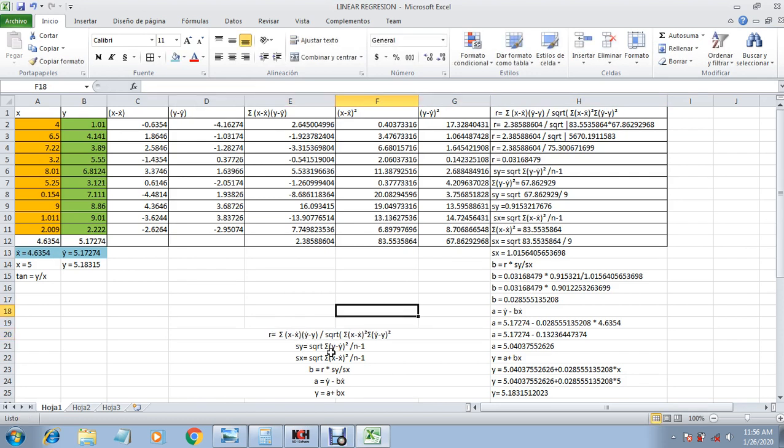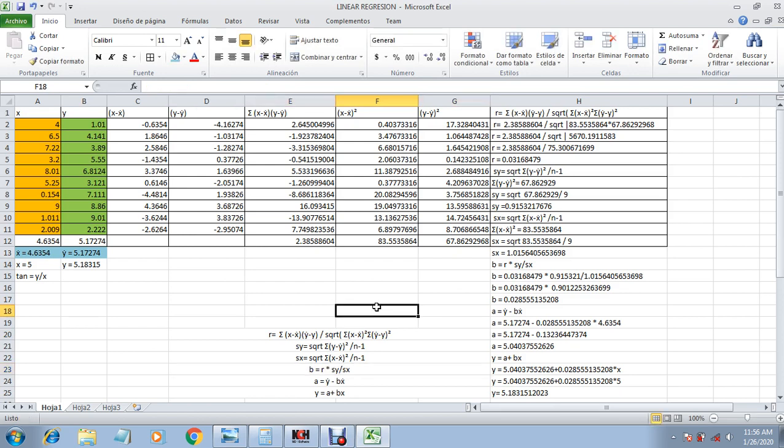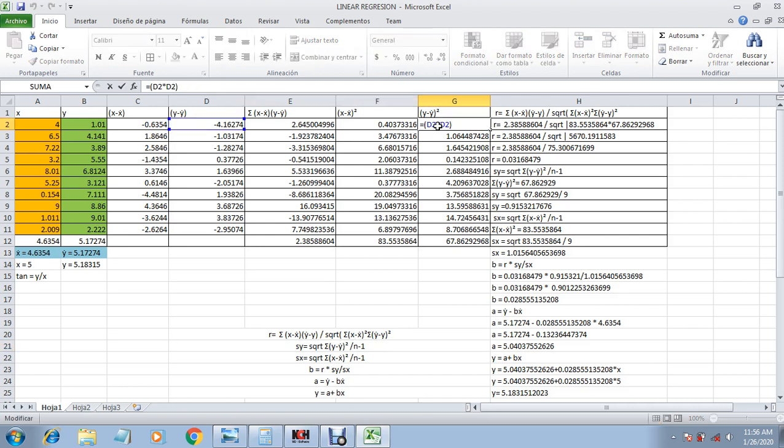And then for the principal equation, b is equal to R multiplied by S of y over S of x. S of y is equal to the square root of the summatory of this value, this value is right here, over n minus 1. n is the sampling, the sampling in this table.